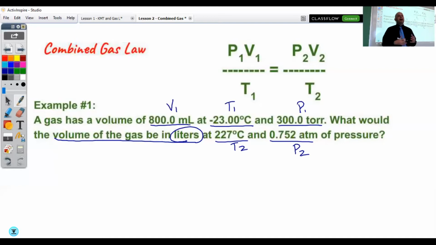In order for them to cross out, they have to be in the same units. It's not going to be uncommon to be presented with a problem like this, where your variables are in different units, and before you can use them and before you can cancel out those units, you may have to convert them from one unit of pressure to another. Okay, let's take a look at this problem.